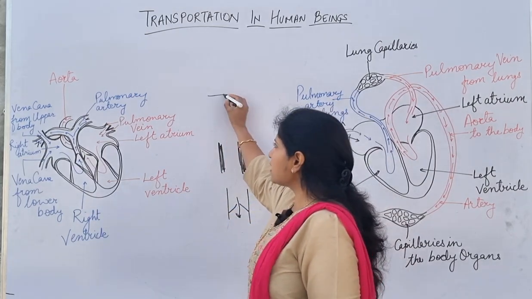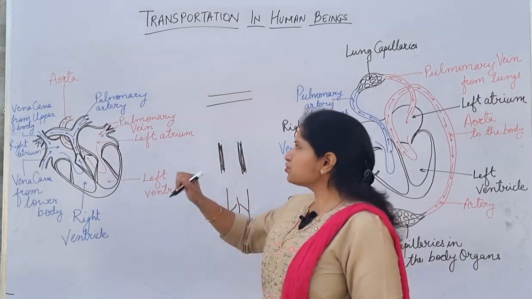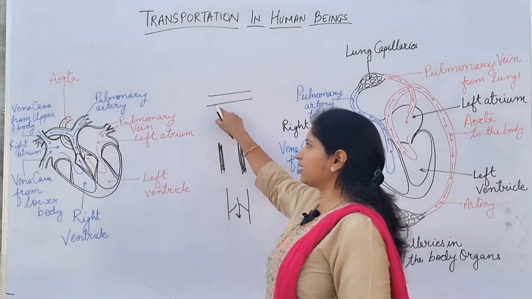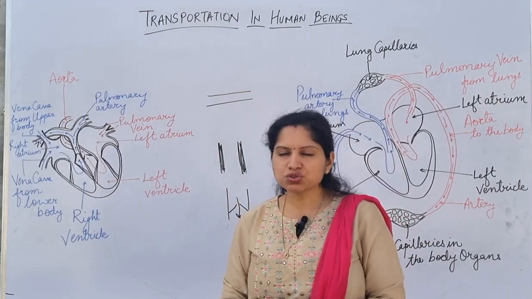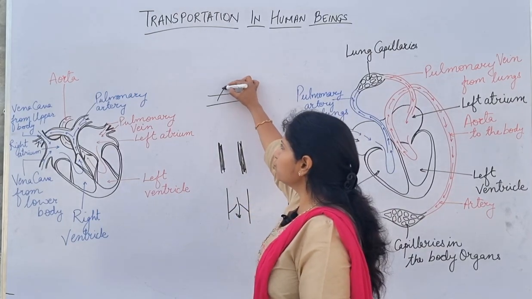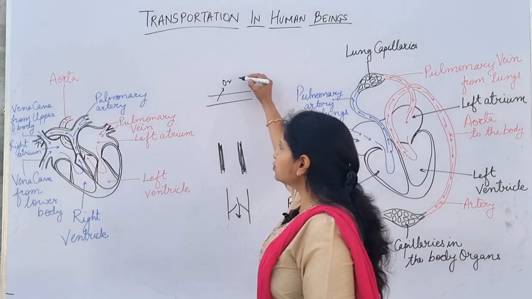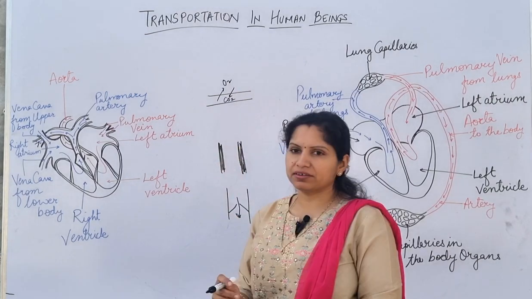The capillaries have walls that are just one cell thick. So just one layer of cells is there on the walls of the capillaries. They are so thin, and these capillaries easily provide the diffusion of oxygen to the cells, and from the cells carbon dioxide passes to the capillaries.